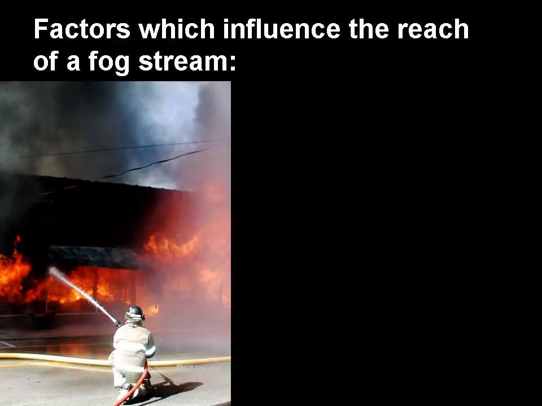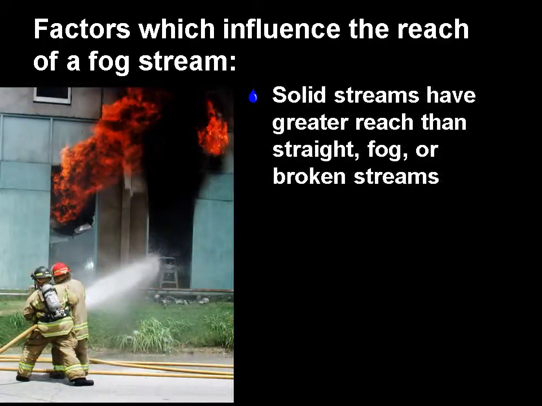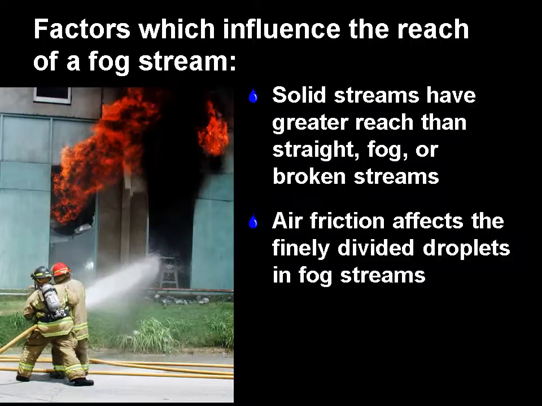Factors which influence or limit the reach of the fog stream: gravity limits the vertical and horizontal distance of fire streams and causes solid streams to lose their shape. Effective velocity of fire streams ranges from 60 to 100 feet per second. Solid streams have greater reach than straight fog or broken streams. Air friction affects the finely divided droplets in fog streams.